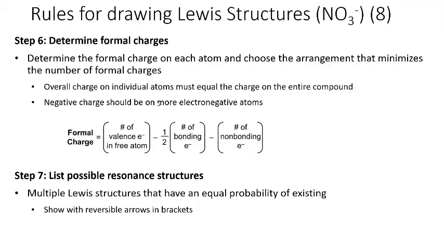Okay, the last step is to list any resonant structures. So multiple Lewis structures can have equal probability of existing at once. So we formed that double bond here by moving a set of electrons from this top oxygen. But we could have done it for the bottom left or the bottom right.